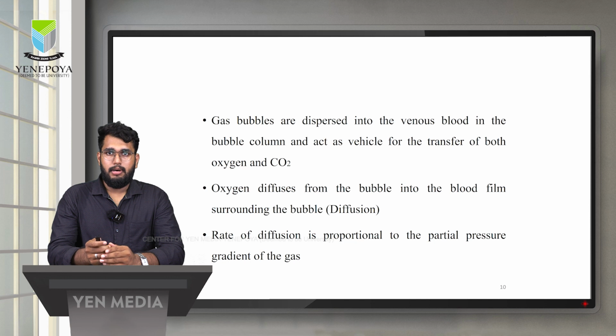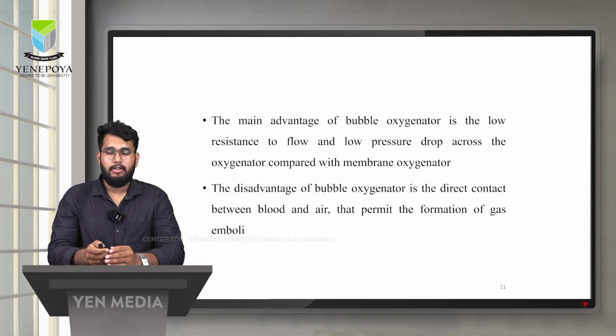Oxygen diffuses from the bubble into the blood film surrounding the bubble. The exchange of gas mainly happens based on the principle of diffusion. The rate of diffusion is proportional to the partial pressure gradient of the gas. So we know that this oxygenation happens based on diffusion. Diffusion is the movement of particles from higher concentration to lower concentration.